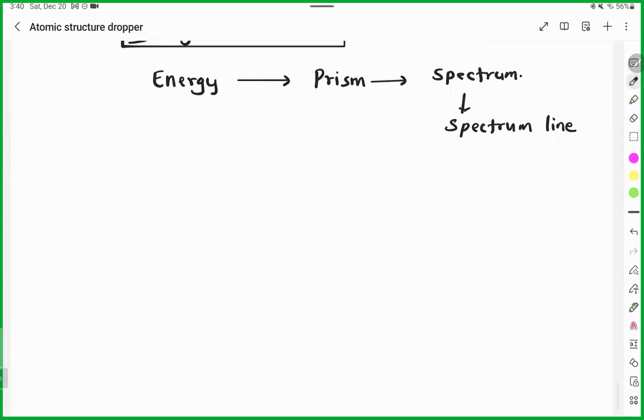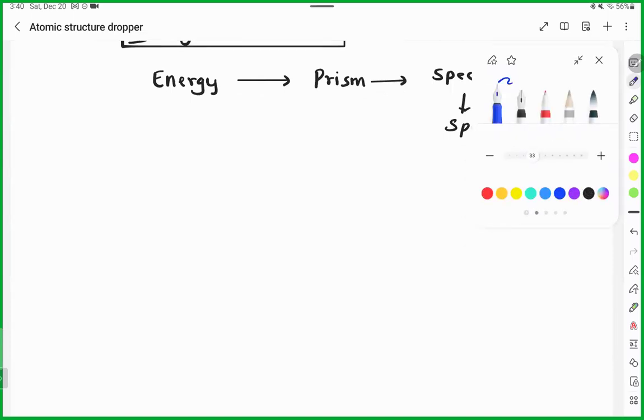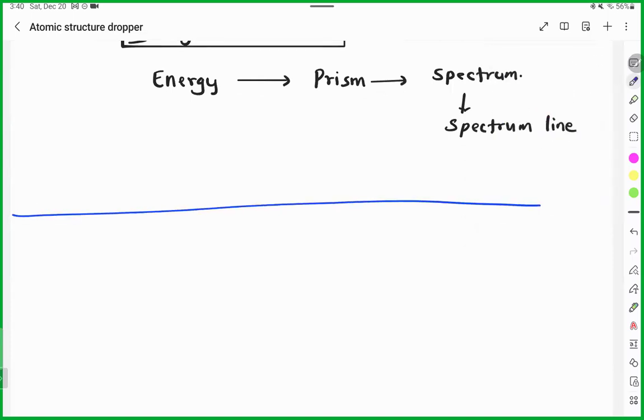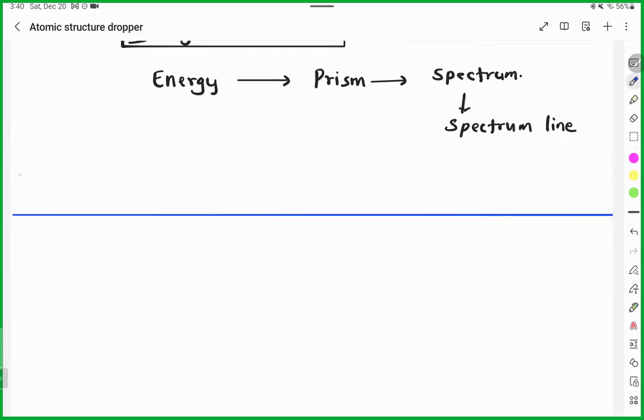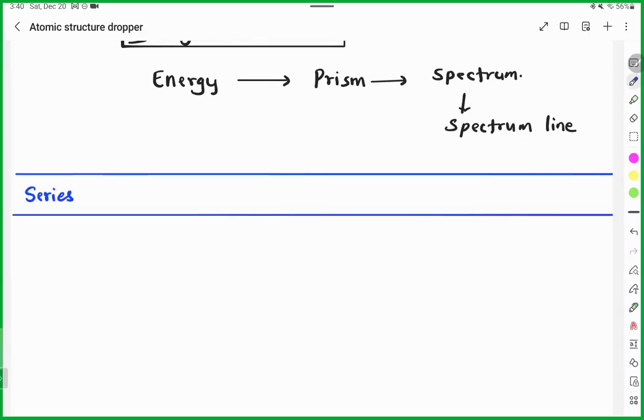That's why we have total 5 series. So I'll make a table. First is the series, and you know 5 series: Lyman, Balmer, Paschen, Brackett, and Pfund. Correct? Based on the scientists' names.